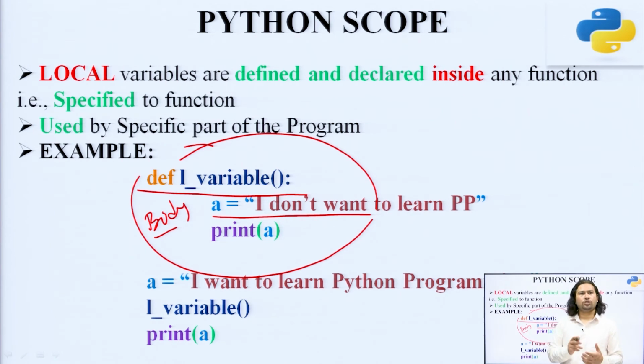If the definition of the variable lies inside the function, you can directly say it is a local variable. So, A is equal to something, that means it is the definition of a variable lying inside the function, and due to this you can say that A is a local variable, because it is defined inside the function, and this function itself is a boundary to this variable.